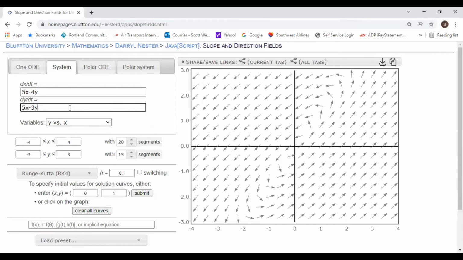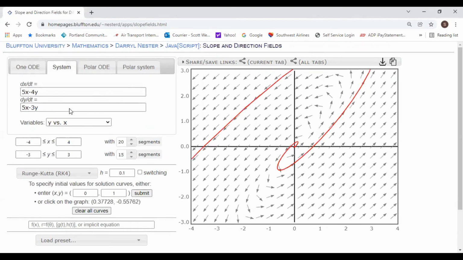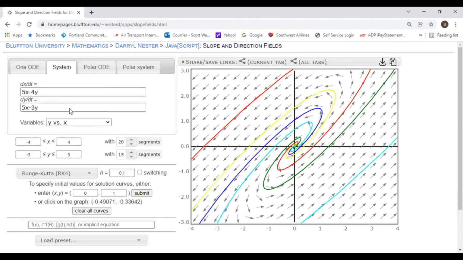Okay, so now just looking at it, if we remember what the deal was supposed to be, we are supposed to be talking about a spiral source here, and you can definitely see now why it's called that. The solution curves are all spiraling outward from the origin.